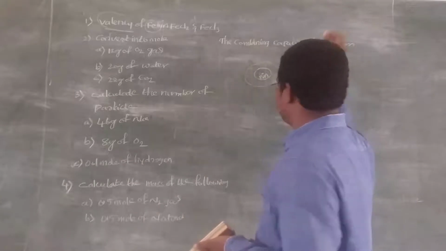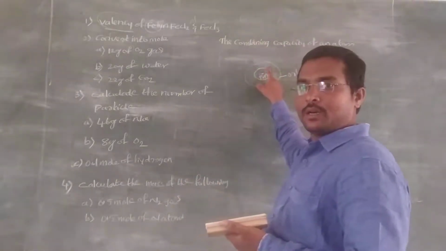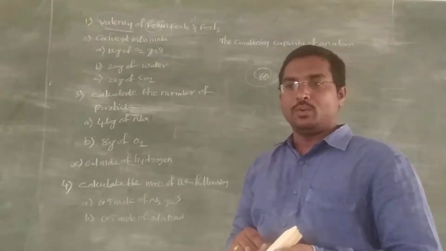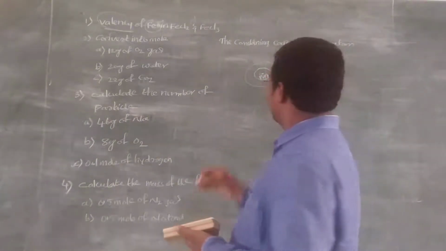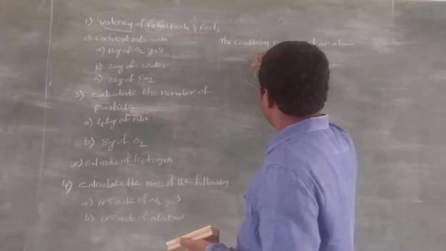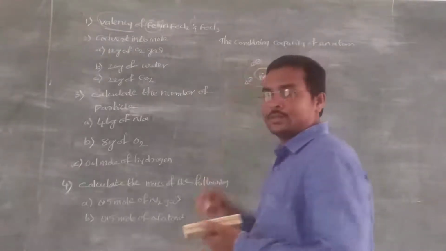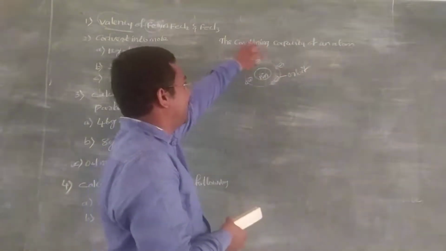What is an orbit? The circular path around the nucleus is called an orbit. Electrons are located in the orbit. Now how many particles are there here?